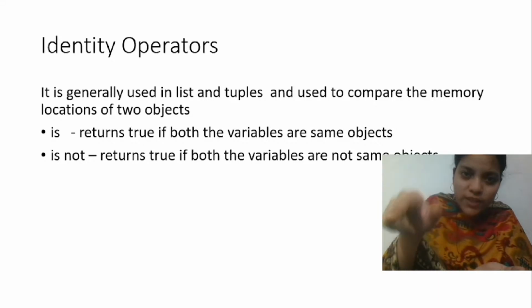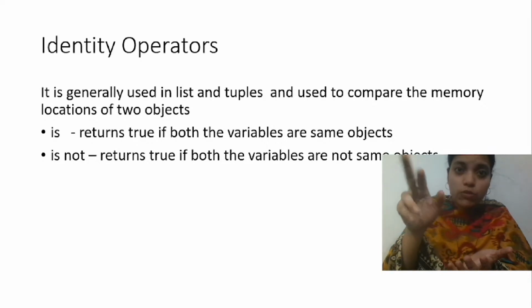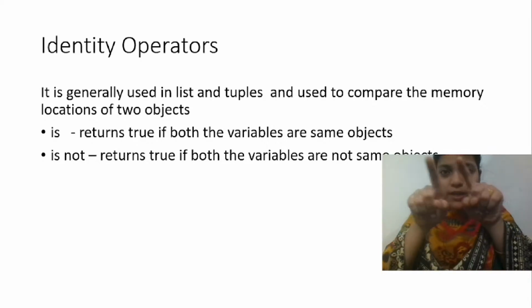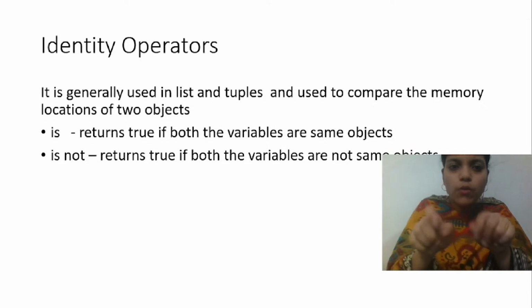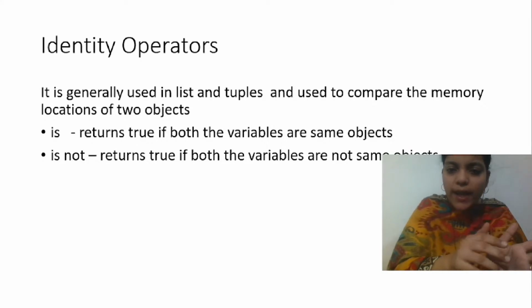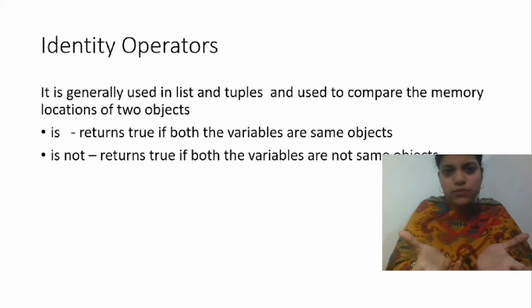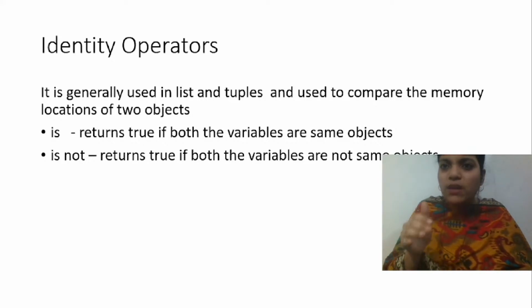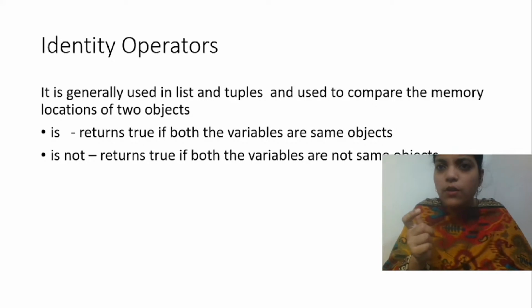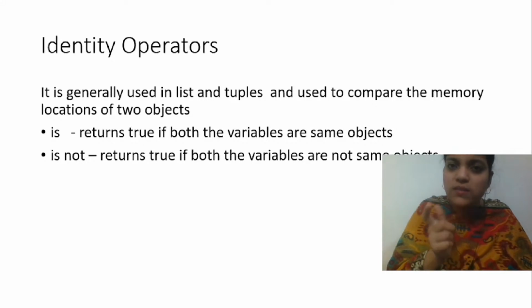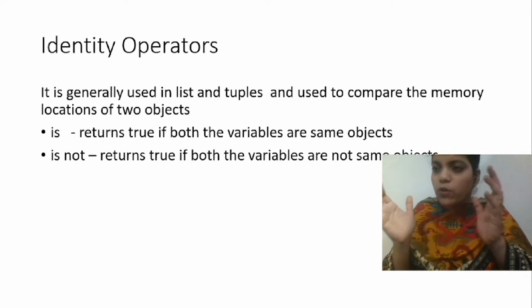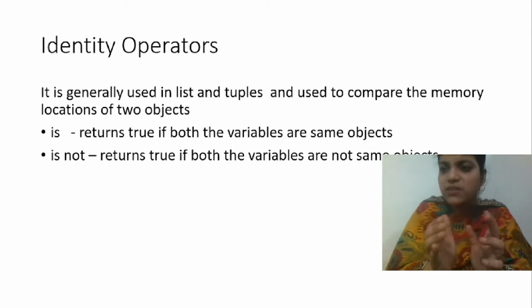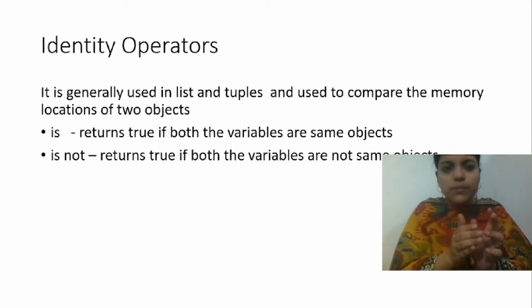Like a equals 10, but what if I want to store 10 also, 20 also, 30 also? I have to declare a as a list. Are you understanding? What if I want to store 100 different values in a? Say there are 100 employees and I want to store the PAN card numbers or Aadhaar numbers of 100 employees in a single variable, separated by commas. Then you have to create this variable a as a list, not an ordinary variable.